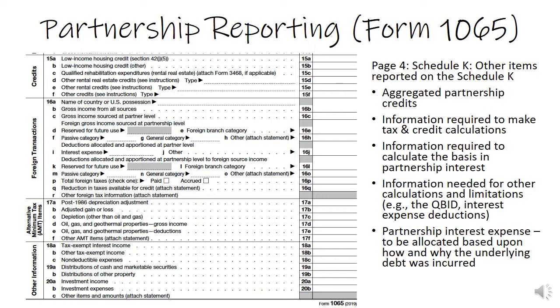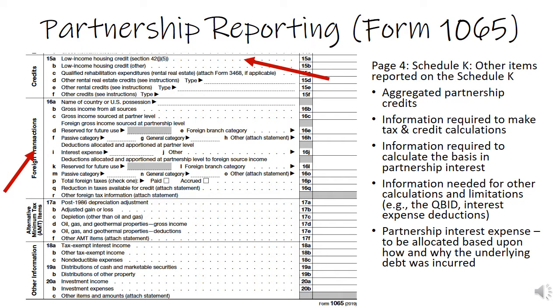Also included on the form, those items necessary for the partners to prepare a complete and accurate income tax report, including the aggregated partnership share of tax credits, information used to make various tax and tax credit calculations, such as the foreign tax credit and the self-employment tax, information that the partners need to compute their own basis, and information the partner needs for other calculations and limitations, such as the qualifying business income deduction or other interest expense.